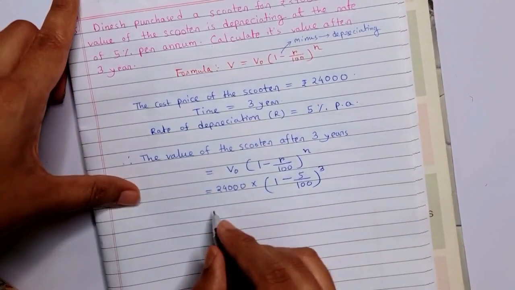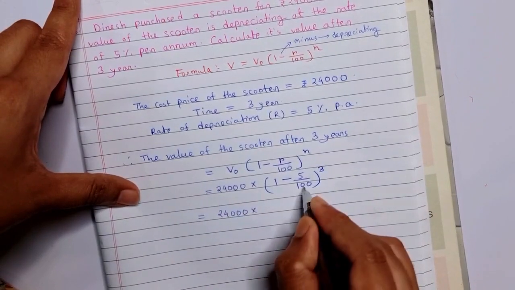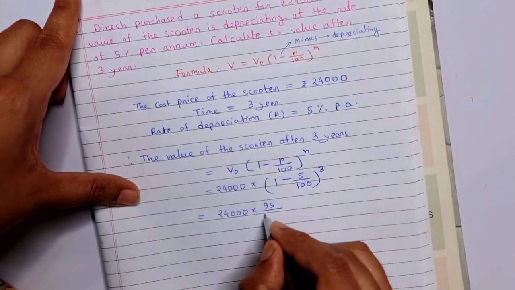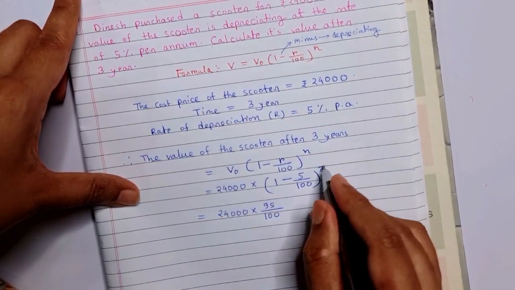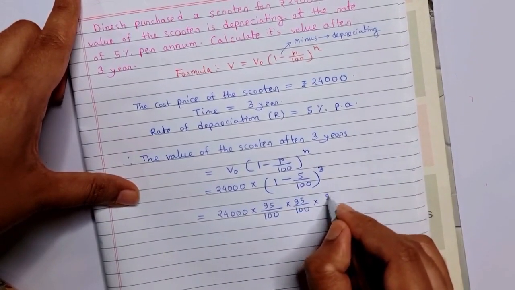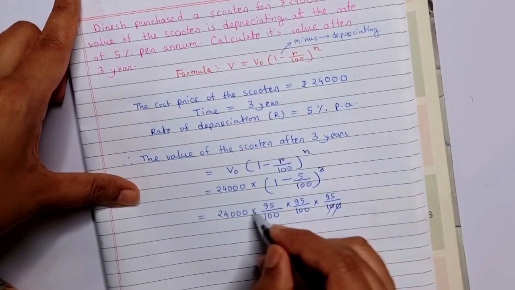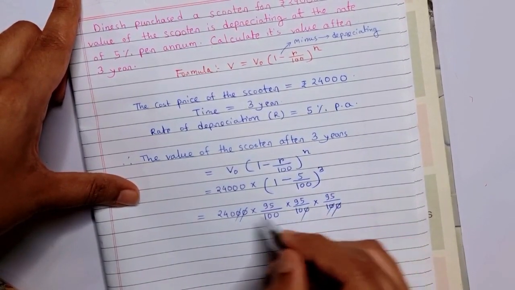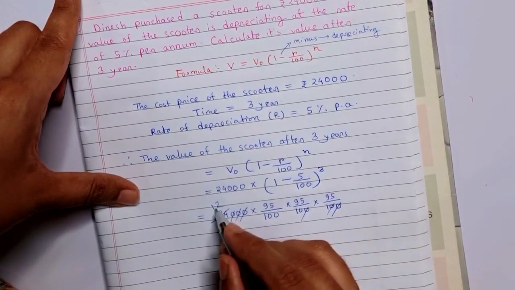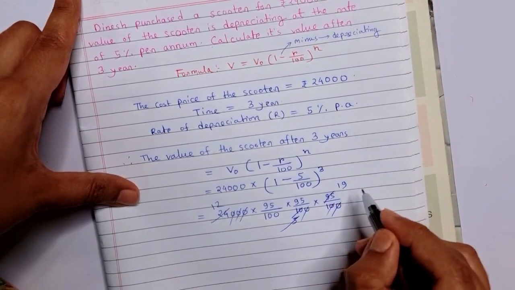Now whole to the power 3 means you need to multiply this number thrice. So 24,000 into (1 minus 5 by 100), if you calculate, it will become 95 by 100, and since it is given as a cube, write it 3 times. 95 by 100, then again 95 by 100. Now let's cancel the zeros. Zero zero cancel, zero zero cancel, another zero cancel. This will become 12 if I divide by 2. This will become 5. 5 divided by 95 is 19.